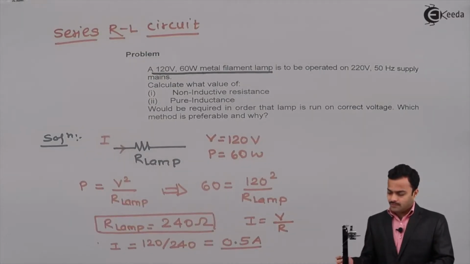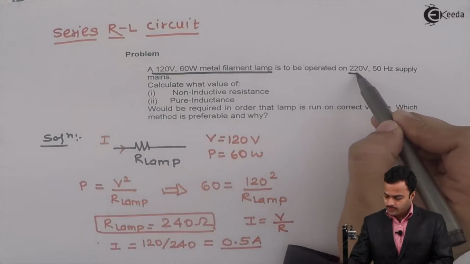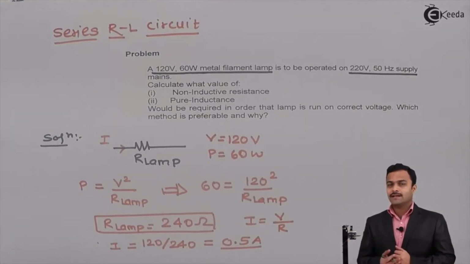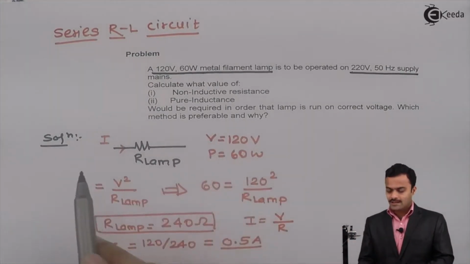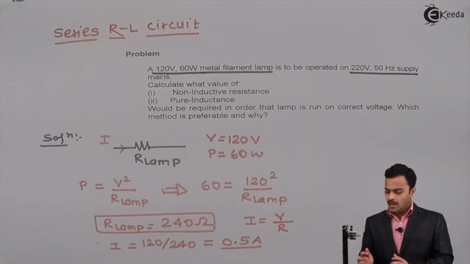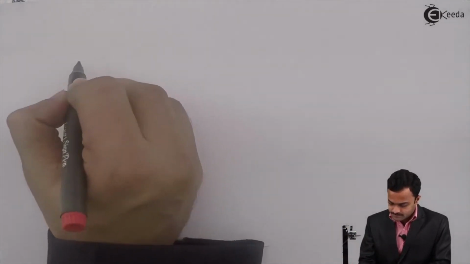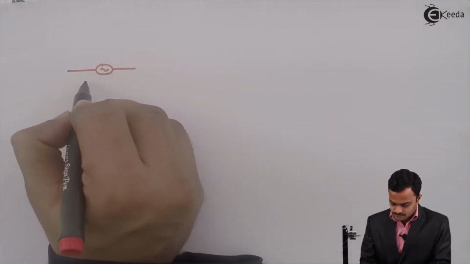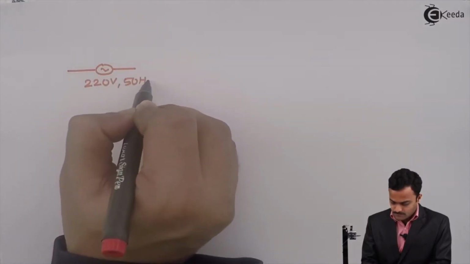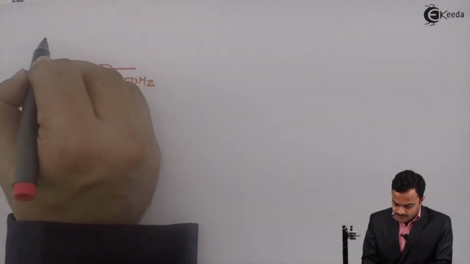Now what we have is this 220 volt 50 hertz supply. So definitely it is more than what the lamp requires. So how are we going to operate this lamp of 120 volt on the mains of 220 volt? Let's see how we can do this. Supply of 220 volt is given. We are supposed to operate the lamp on this supply.